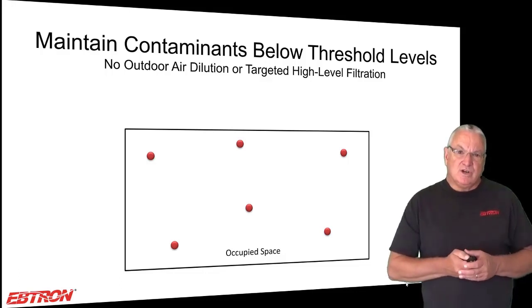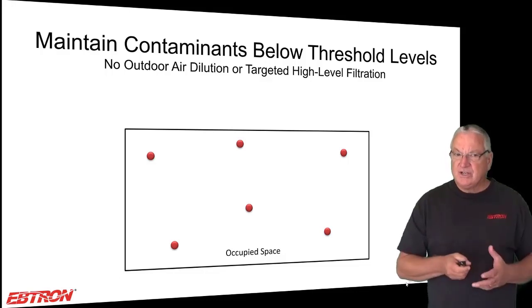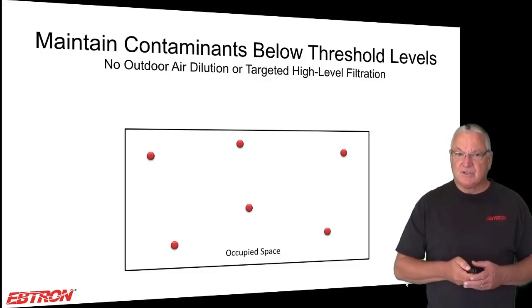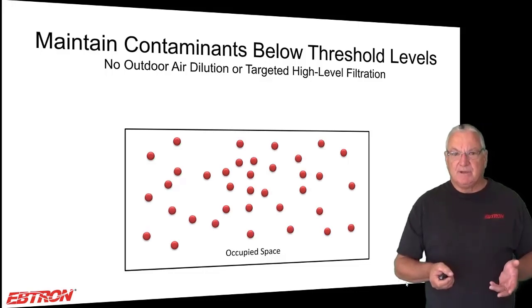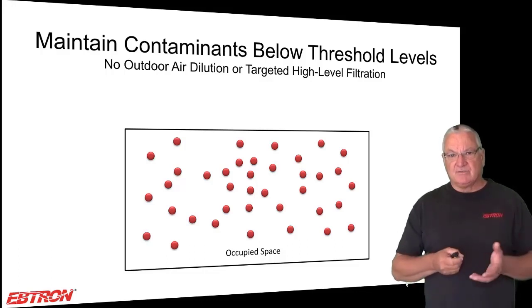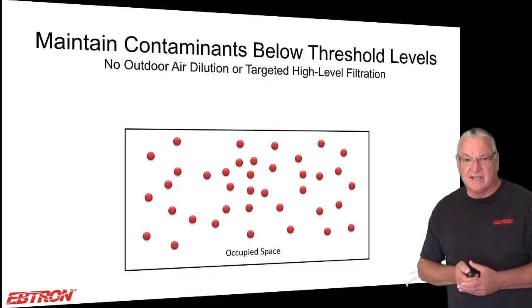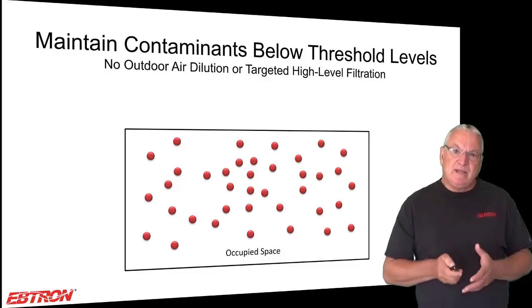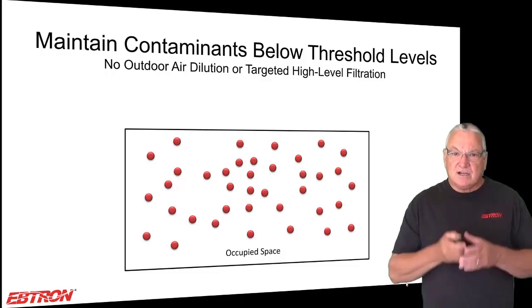If there was no outdoor air coming into that space or no filtration that could remove the contaminant of concern, the contaminants would build up until the contaminant level exceeded a threshold level, and it became a fairly dangerous space.